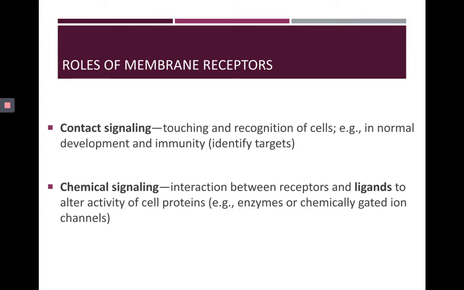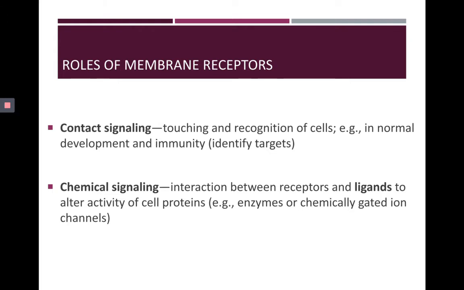Other roles of the membrane receptors, whether it's the CAMs or the cell membrane receptors, are contact signaling and chemical signaling. Contact signaling has to do with touching or the recognition of cells. Some immune cells perform contact signaling, and that's just a checkup on cells to make sure they haven't become infected with a virus and that they're supposed to be in the body. It's a way to identify targets that may be harmful.